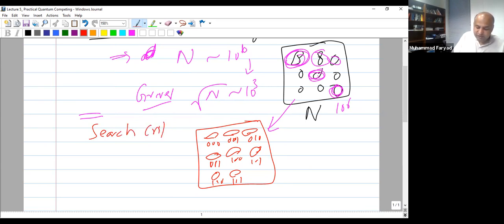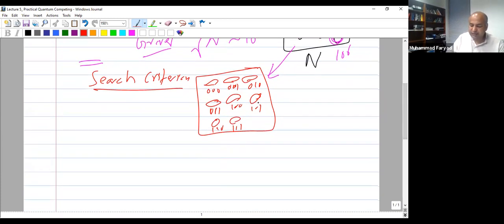So the search criterion is that we have some way of telling whether a number is a solution to this search problem or not.